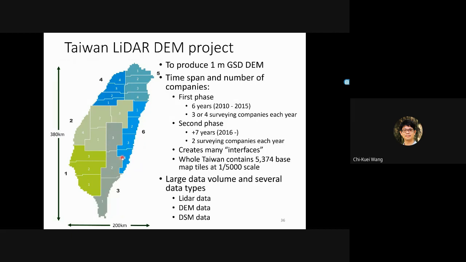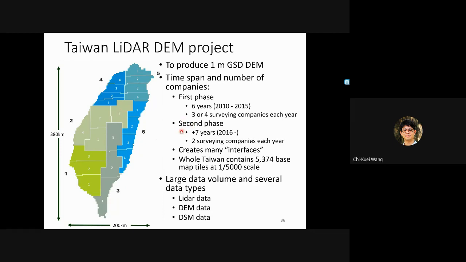For each year we had 3 companies in here, 4 companies in here. Each area had a company responsible for that. So we finished the first phase.